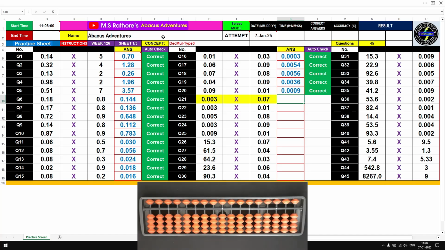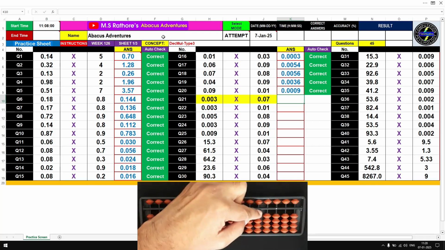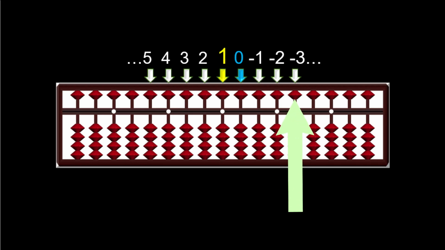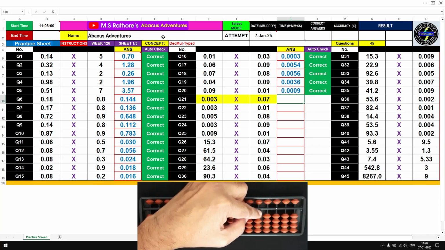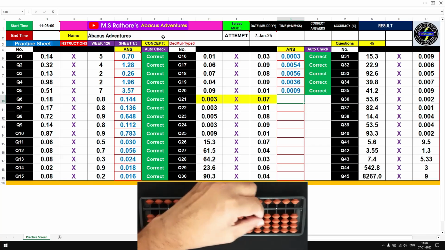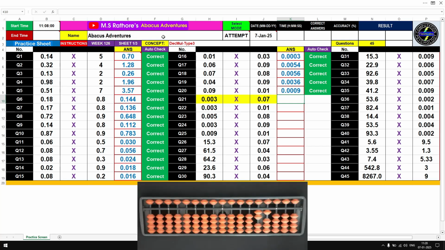So -3. This is rod number -3. So from right to left it becomes 7 3s are 21 and the answer is 0.00021.